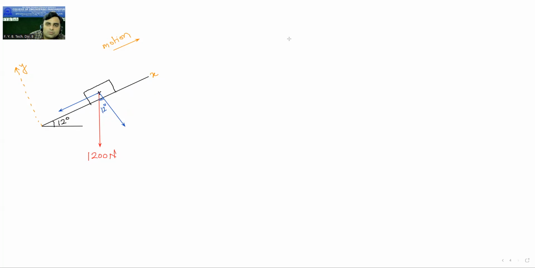Now draw the normal reaction. This is the normal reaction R. Then the frictional force, which is parallel to the plane. This is F, the frictional force. Now the tension in the string: this is T, tension in the string.